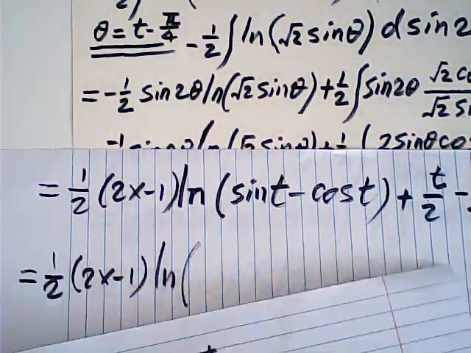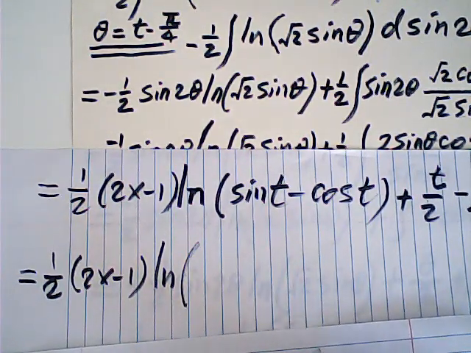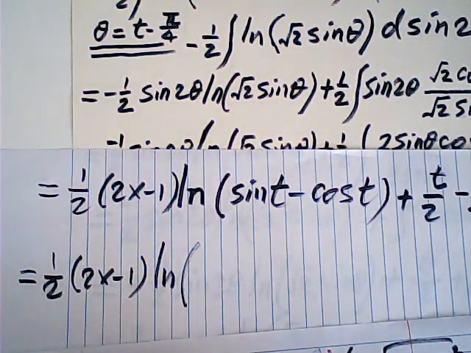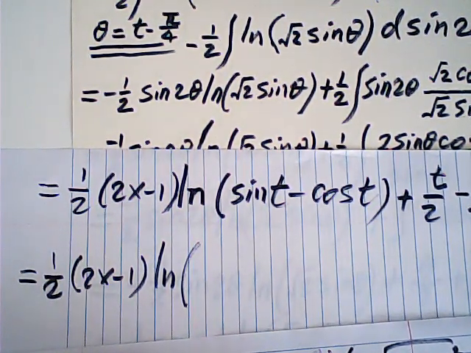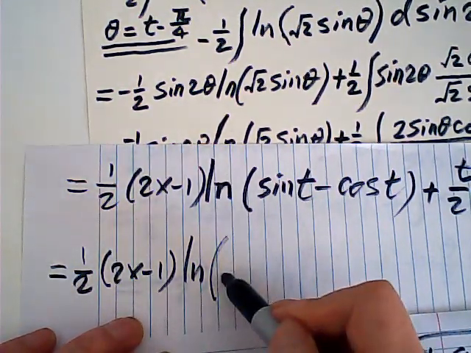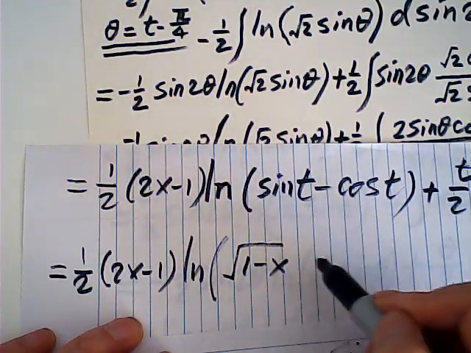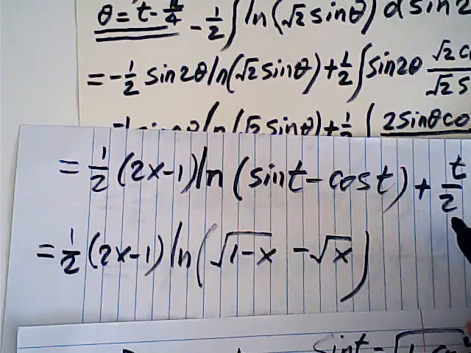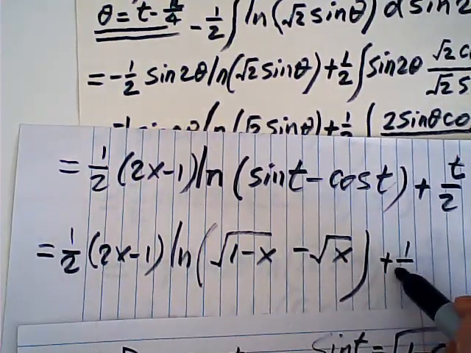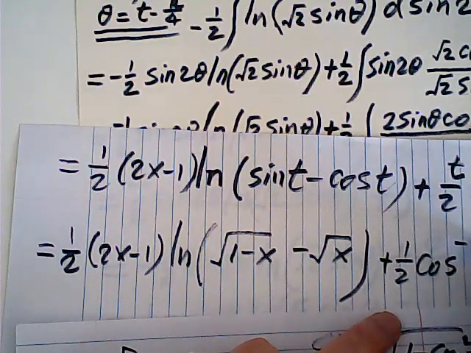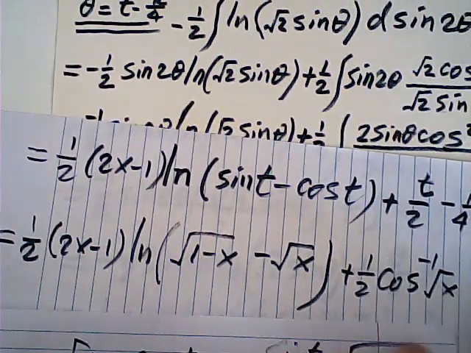What's the sine t? Sine t is the square root of 1 minus cosine squared t, right? So this is the square root of 1 minus x. This is a square root x. This is a half arc cosine root x.